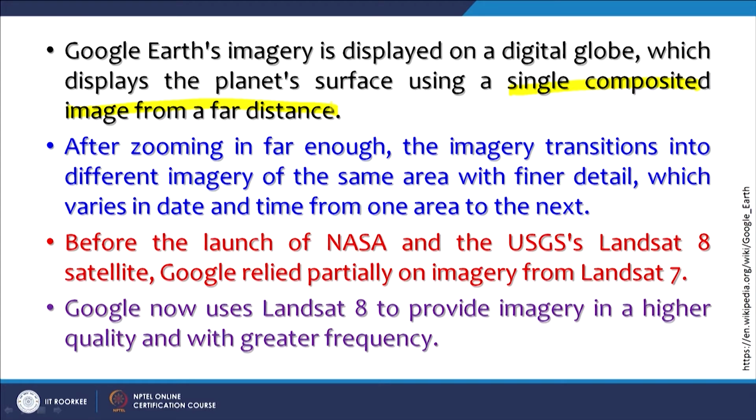That means the seams between different scenes are not visible, but as soon as we start zooming in, we start seeing different imageries of the same area, finer details, and sometimes very visible seams because of the time and date difference between two adjacent scenes.